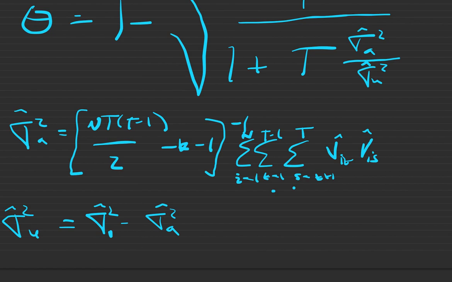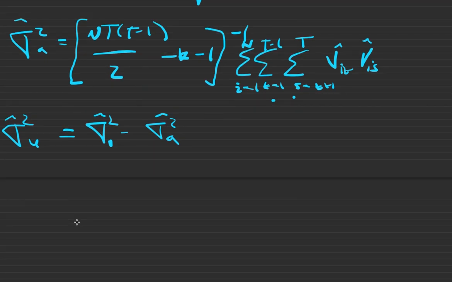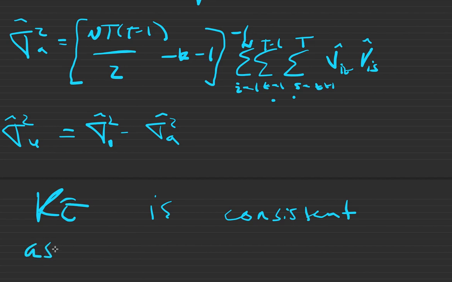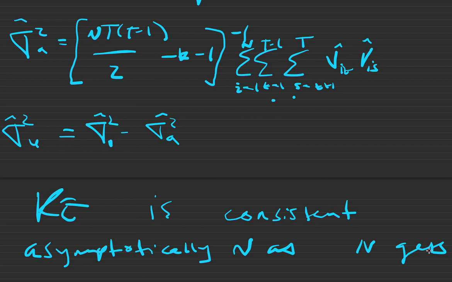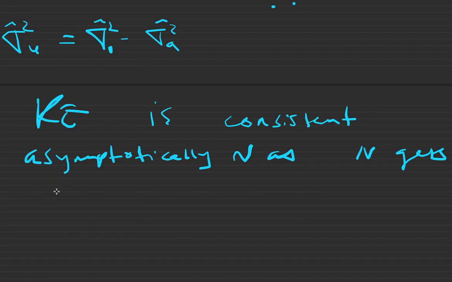The random effects estimator is consistent and asymptotically normal as N gets large with fixed T under a certain set of assumptions.